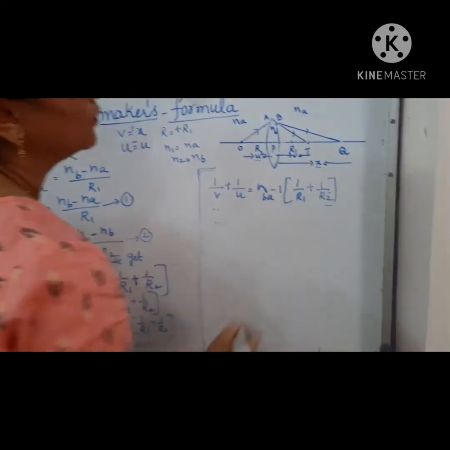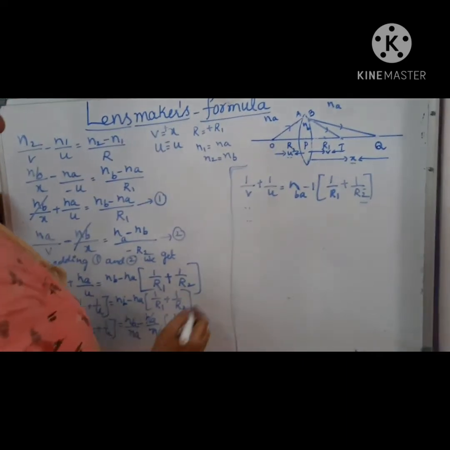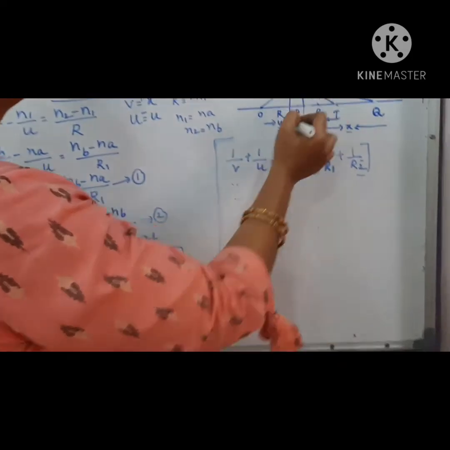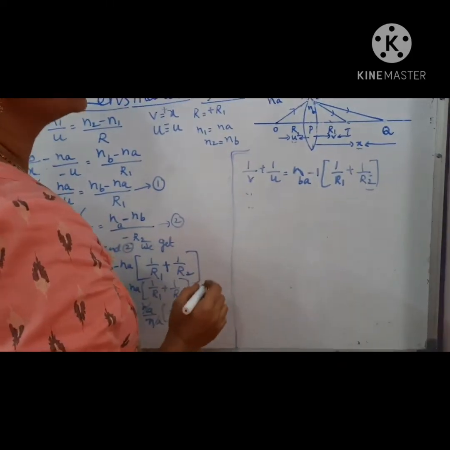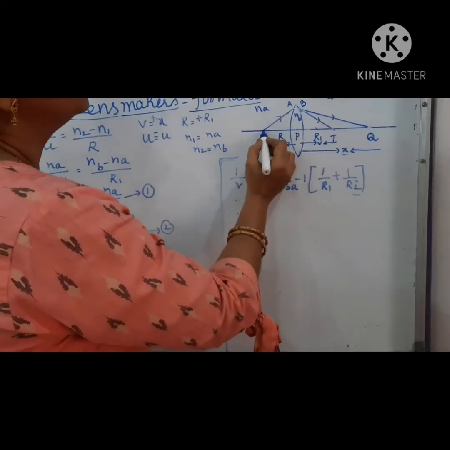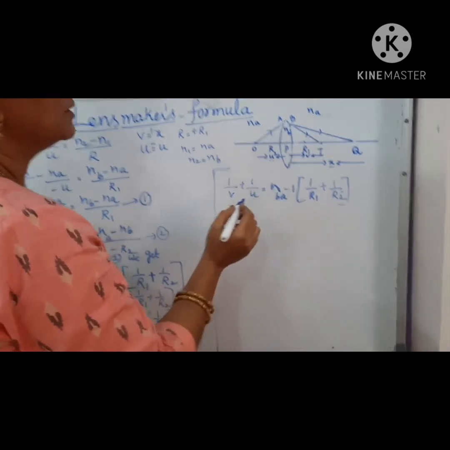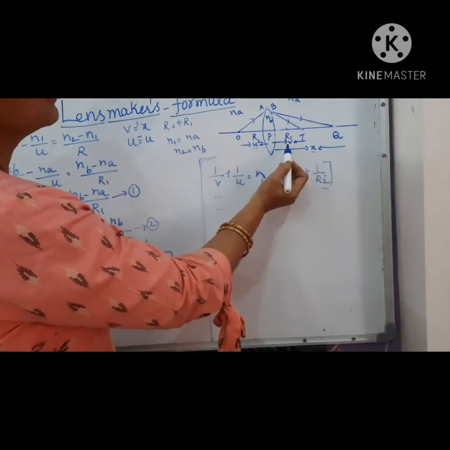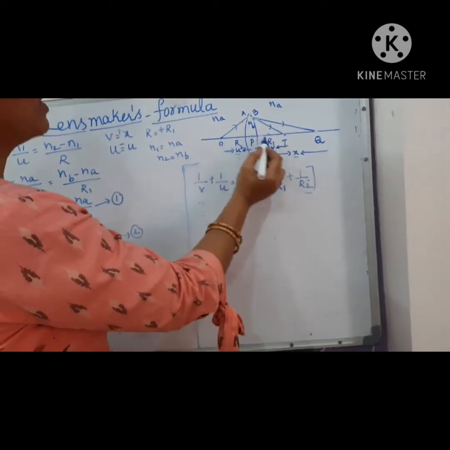Here also we have to apply the sign convention rules for the two refractive surfaces of the convex lens. In the case of a convex lens, U is always considered as a minus, V is always considered as positive, and R1 is plus.